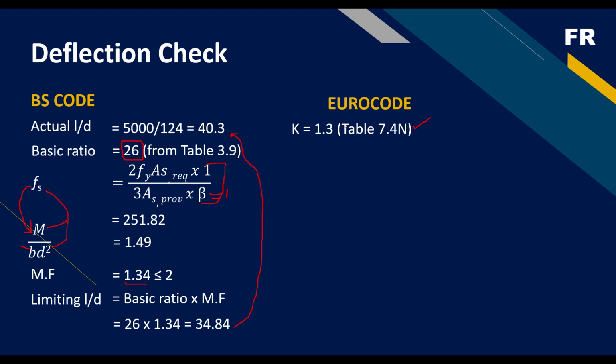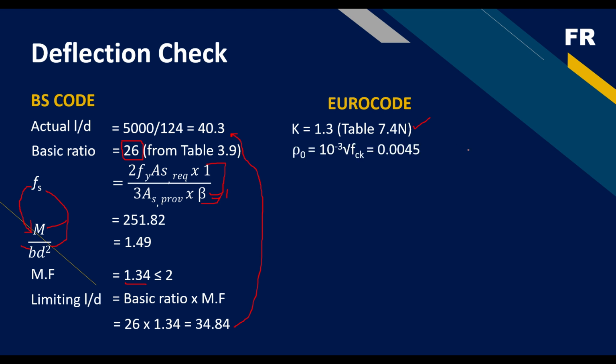You find it there. Based on this exercise, our type of slab K equals 1.3. We have different types, either cantilever and so on, just like the way we select this basic ratio, it is almost the same idea. So K is 1.3.